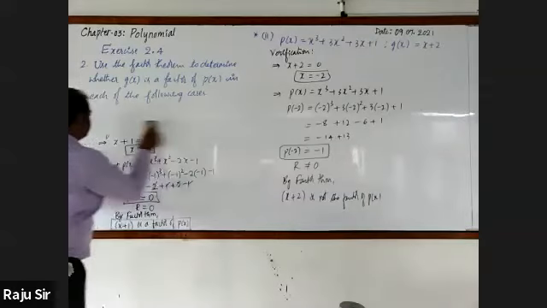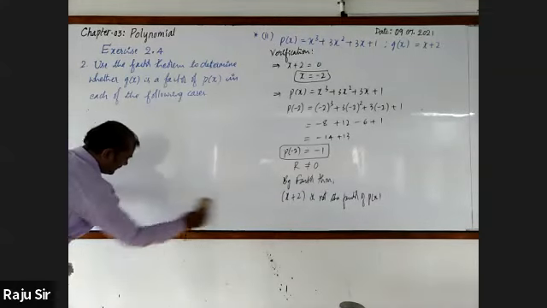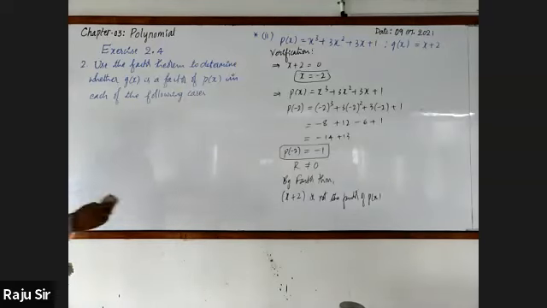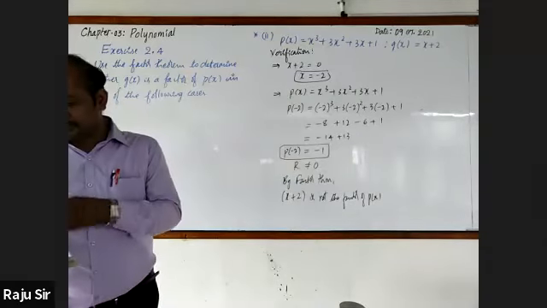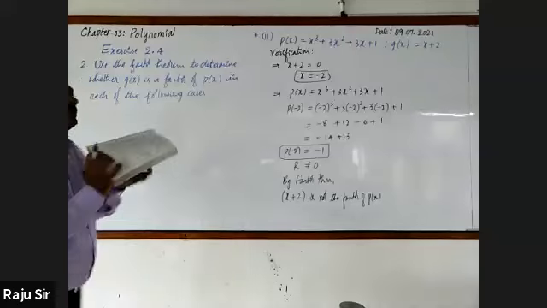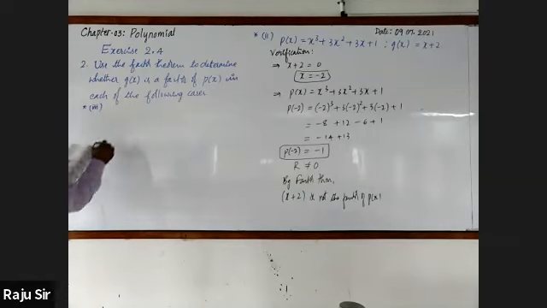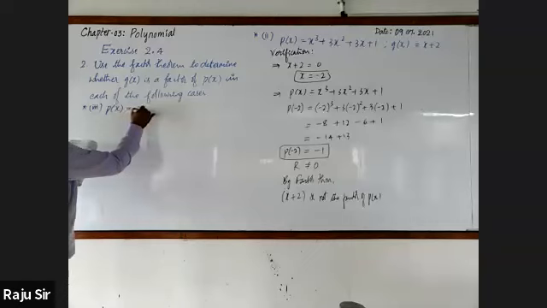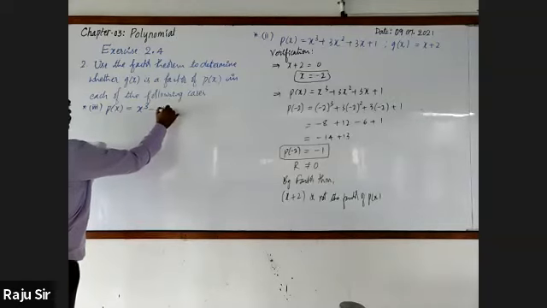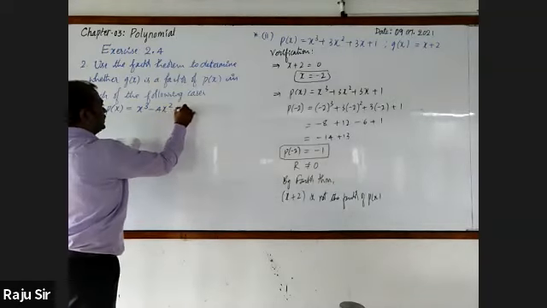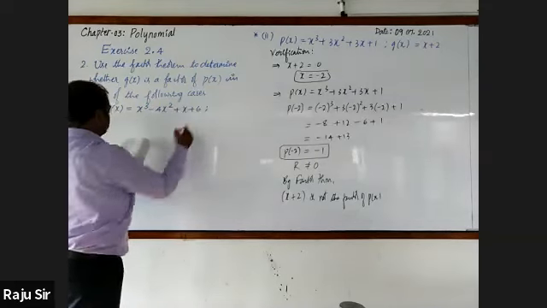Now, third sub question. For this also put a star mark, single star. It is P of X is equal to x cube minus 4x square plus x plus 6.